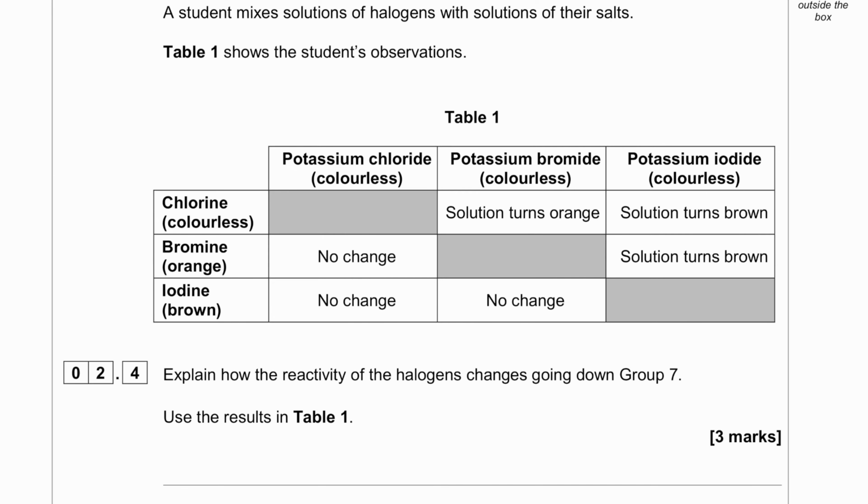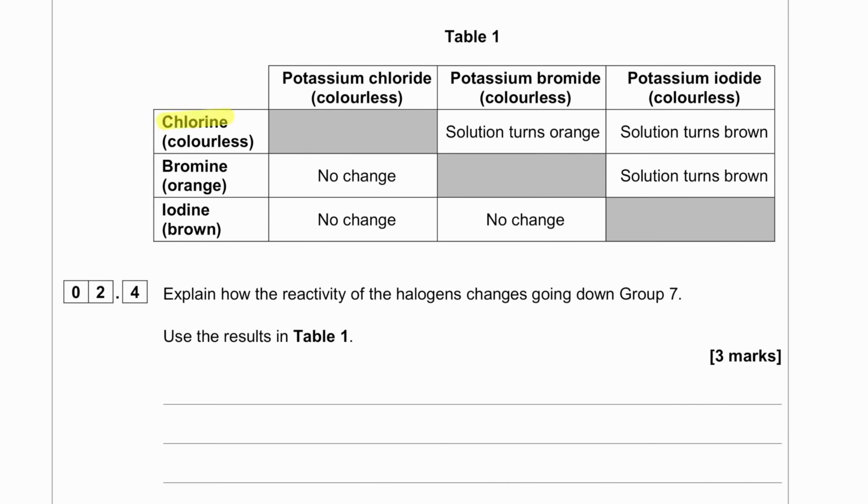A student mixes solutions of halogens with solutions of their salts. Table 1 shows the student's observations. All right, we can see there is chlorine, which is a colorless gas, bromine, which is orange, and iodine, which is brown. Now when we react the chlorine with potassium chloride, obviously chlorine is not going to react with chloride, so no visible observation will be there.